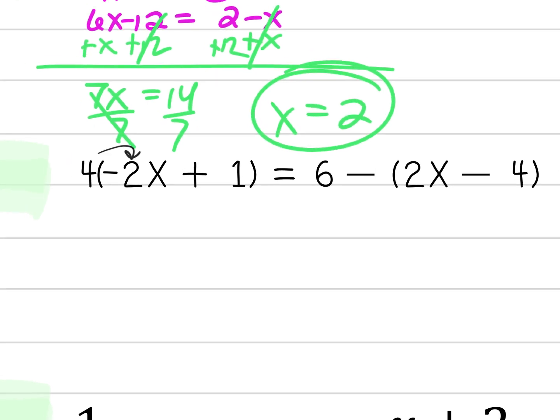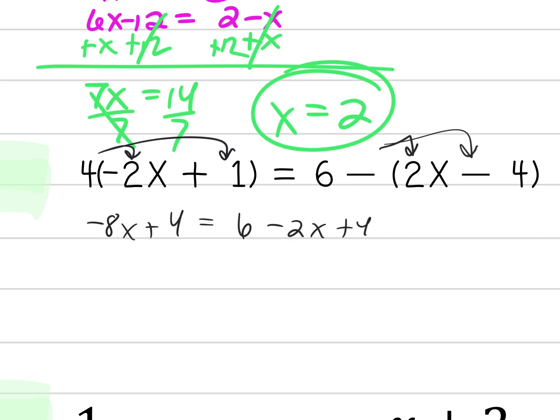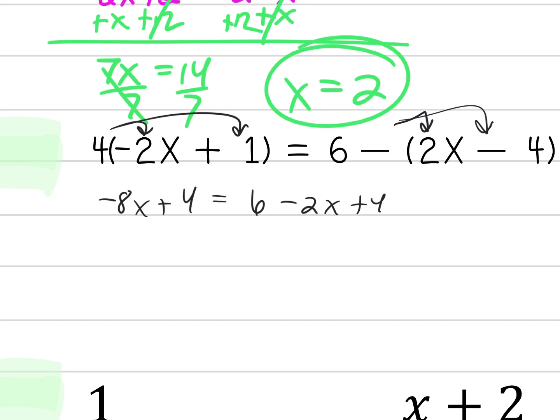All right, so let's distribute. What's 4 times negative 2? So negative 8x. Good. 4 times 1 is? Good. Equals 6 what? Minus 2x plus 4. We're distributing that negative sign. Very good. So let's combine. Keep my negative 8x plus 4 over here. Equals, what's 6 plus 4? 10.